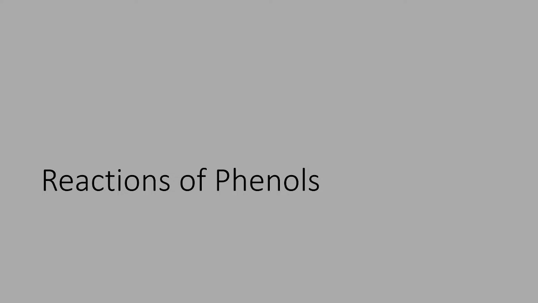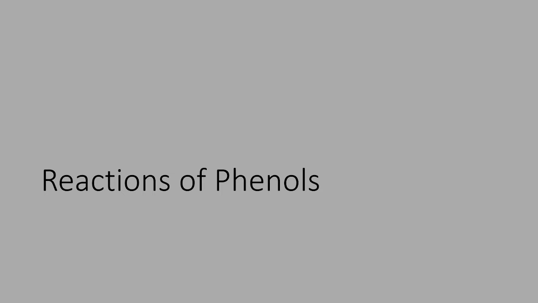So for the reactions of phenols, we will actually be looking into just three reaction mechanisms, but those three are actually just the general types of reaction that exist in phenols. So we will be talking about formation of phenoxide ions, wherein we will consider the acidity of phenols.